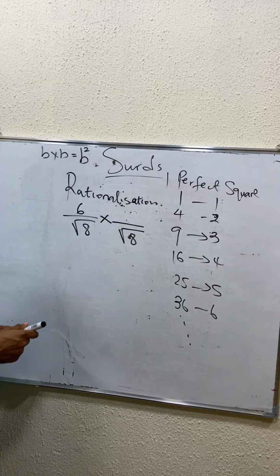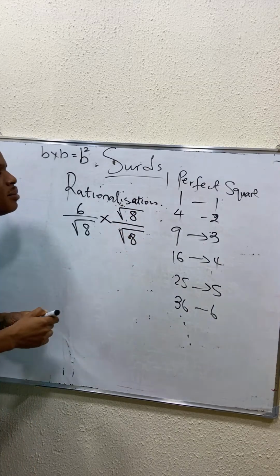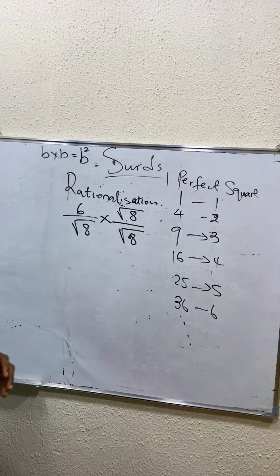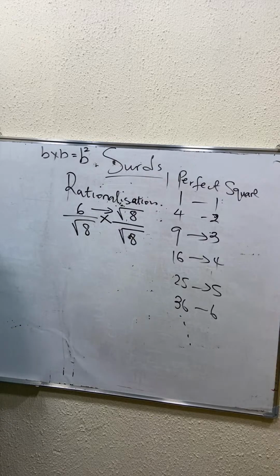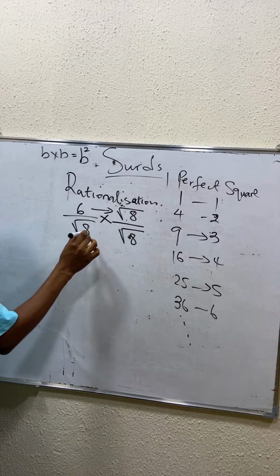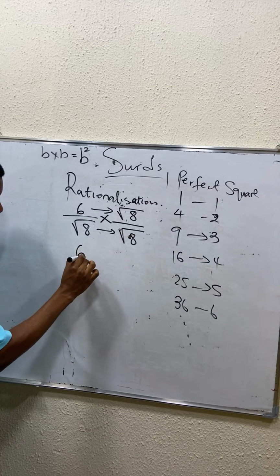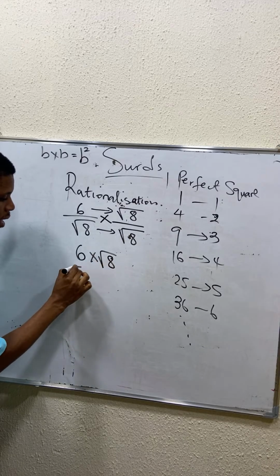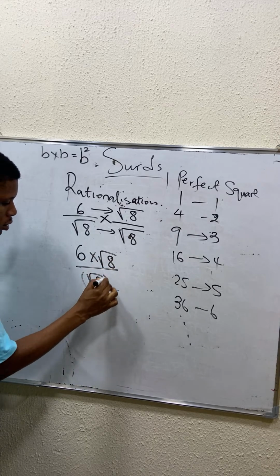If you do that, you also have to multiply the numerator by the same irrational part to maintain equivalency. After the multiplication, 6 will times root 8, and root 8 will times root 8. So you have 6 times root 8, divided by root 8 all squared.